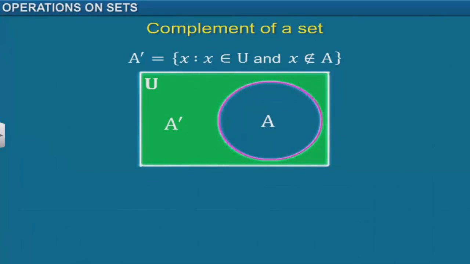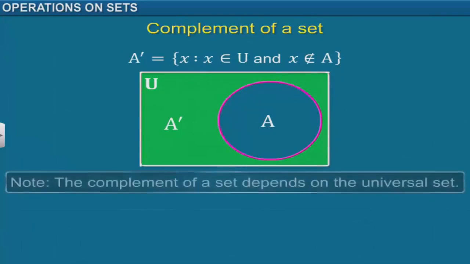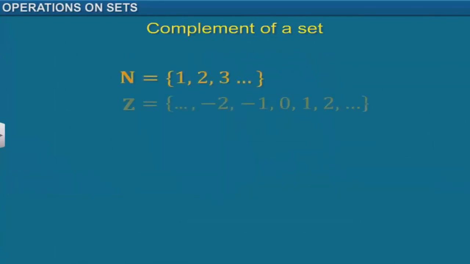It should be noted that the complement of a set depends on the universal set. For example, let's find the complement of the set of natural numbers with the universal set being the set of integers. The complement of set N is shown here. A few observations on complements of sets.